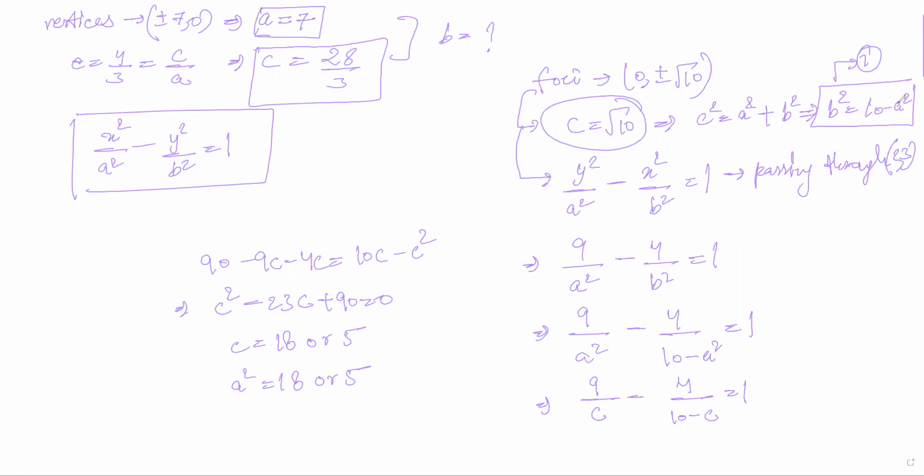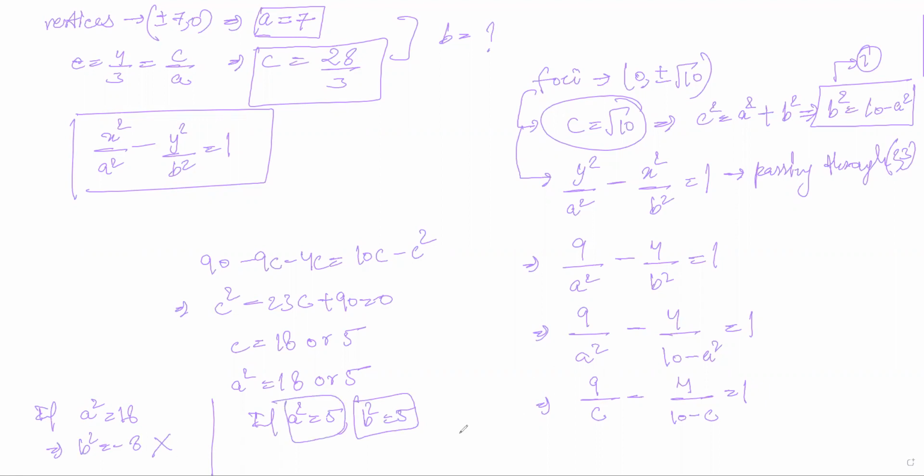Now, if a square is equal to 18, then b square is equal to minus 8, not possible. If a square is equal to 5, b square is also equal to 5, which is possible. b square cannot be negative.